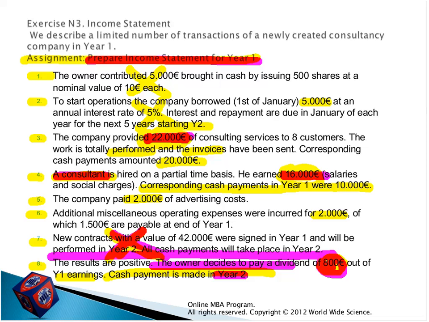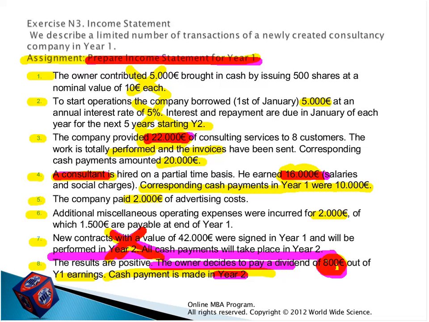Which means that the dividends of 800 euro belong to the 22,000 of revenue from the consulting services, right? These 800 were generated from the 22,000 of revenues.